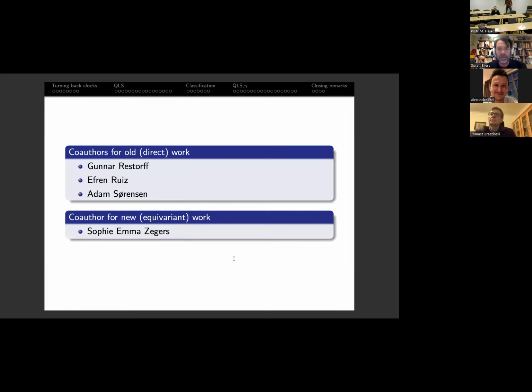I did this some years ago with Gunnar Restorff from the Faroe Islands, Efra Ruiz from Hawaii, and Adam Sørensen, who was in Oslo at the time. He's now back in Odense. Then the more recent work is with Sophie Siggers, who is in Prague at this time, and she's also present here as far as I can see. This is important because hopefully she will stop me if I say something really stupid.